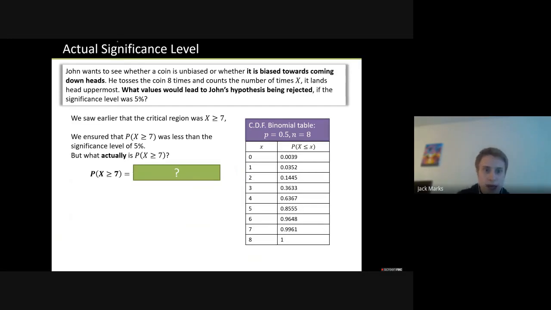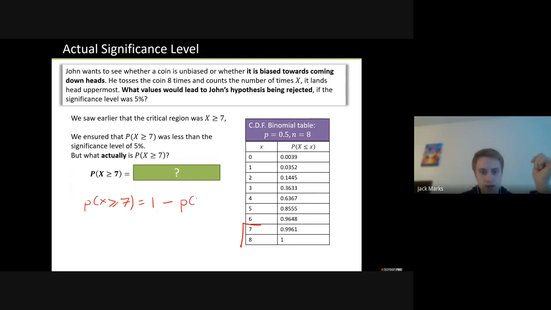So let's talk about actual significance level. So we've talked about making the probability of a group less than 5%, but you can actually say what it actually is. So for example, if I talk about the probability of being greater than or equal to 7, how do you get that? Well, you do 1 minus the thing before.